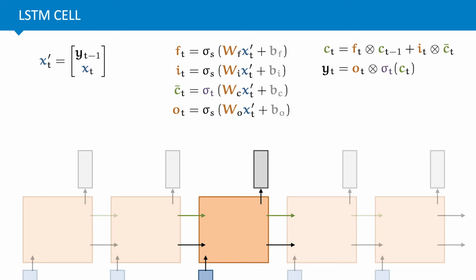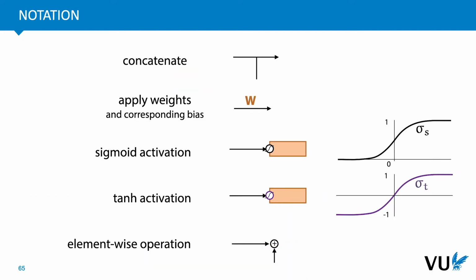However, it may not be quite immediately obvious why this would be such a successful way of doing things. So I'll try and illustrate that visually using the following notation, part of which we introduced already in the previous video. So when two lines join, we will take that as a concatenation of the two vectors represented by those two lines. When a line is accompanied by a boldface letter, we will take that as a feed-forward network, so a multiplication by a weight matrix and an addition by an accompanying bias vector, which is not indicated.